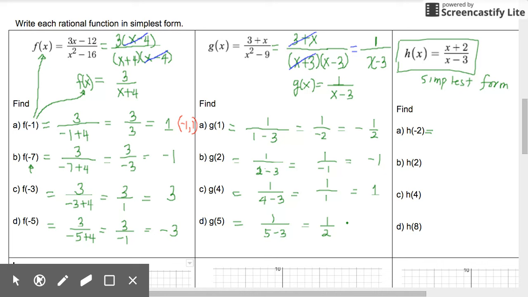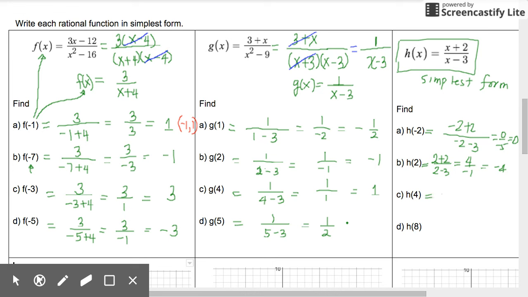So we'll have here negative 2 plus 2 over negative 2 minus 3. This gives us 0 over negative 5, which gives us 0. H of 2 is 2 plus 2 over 2 minus 3, which gives us 4 over negative 1, which gives us negative 4.